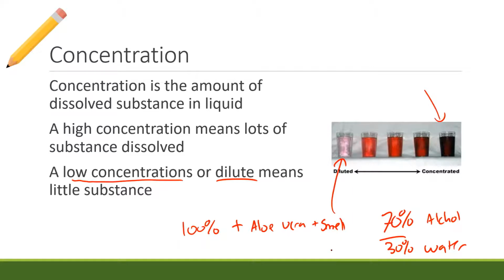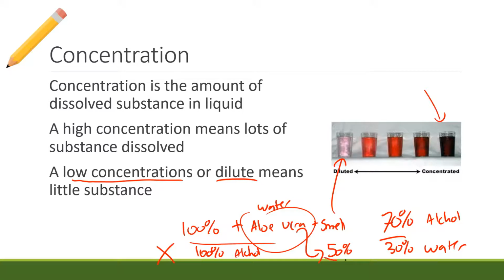And then the problem is they thought, well, I started with 100% alcohol, so at the end I should have 100% alcohol. And they were completely wrong, because if you add aloe vera, that's like adding water. If you add water, you'll drop the concentration. People dropped the concentrations down to about 50%.